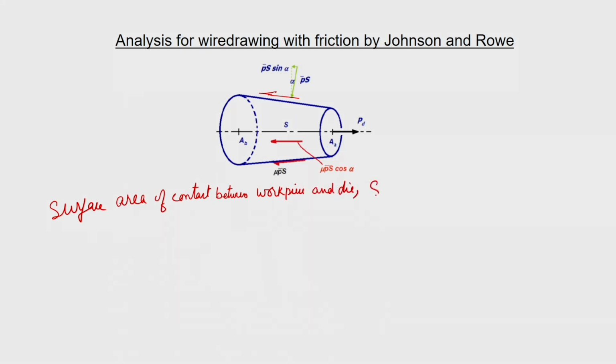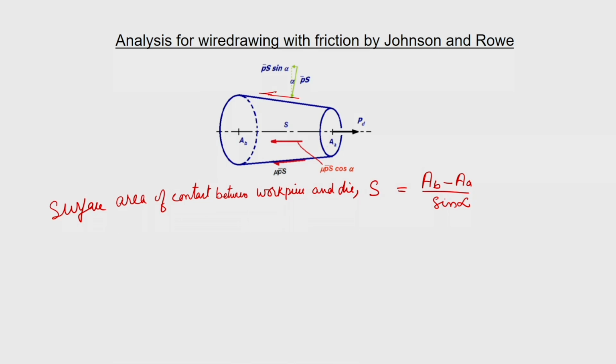If you write it as S, we can write it in terms of AB minus A divided by sin alpha, depending upon your die angle. So, that way you can write it. So, this is a straight relationship.